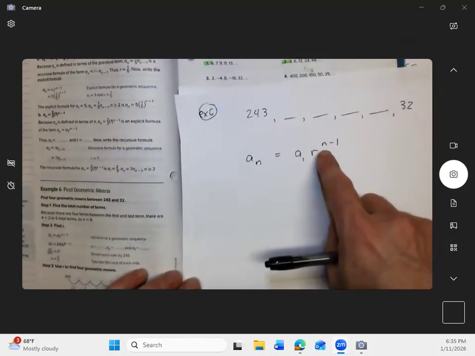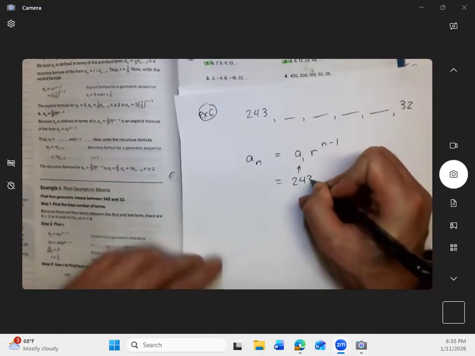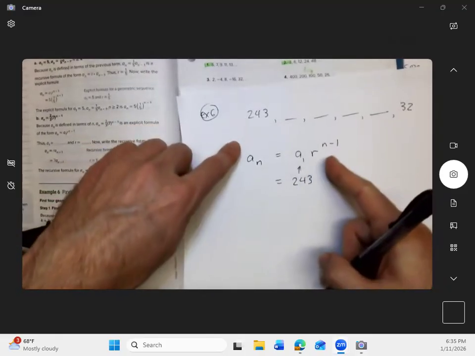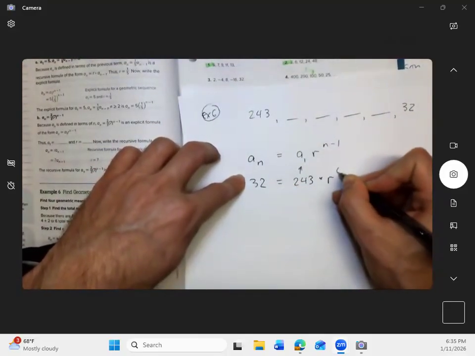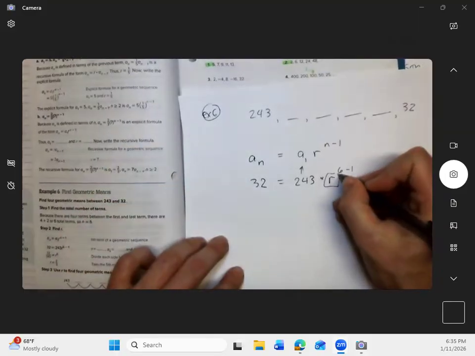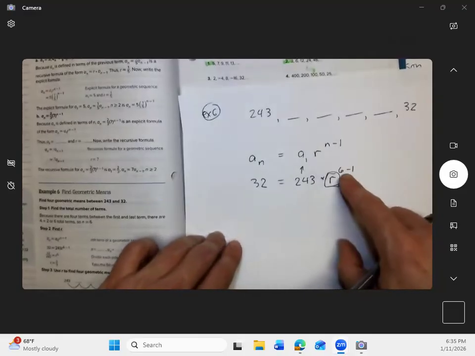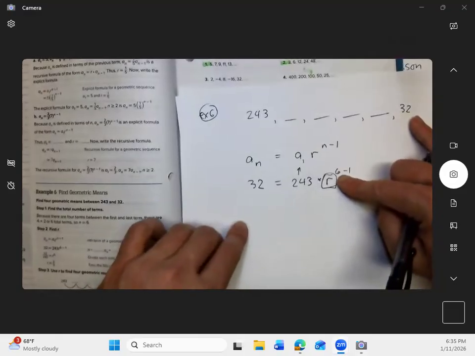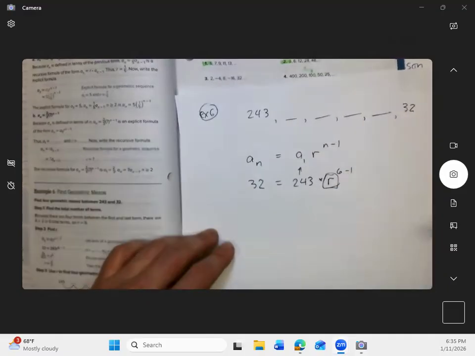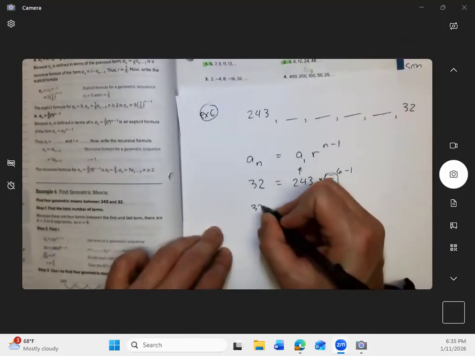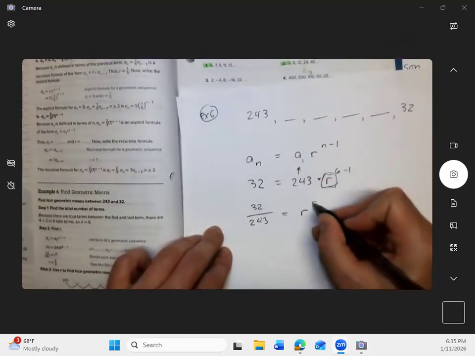If I let A1 be 243, so right here I'm going to put in 243 for my first term, and I let the 6th term be 32, then I can solve for this R, this common ratio. You see how I did that? For this n, let's plug in 6 because I'm going to 6 terms, and I know what that term is. It's 32. So now I can solve for R. So 32 equals 243 times R to the, 6 minus 1 is 5, R to the 5.